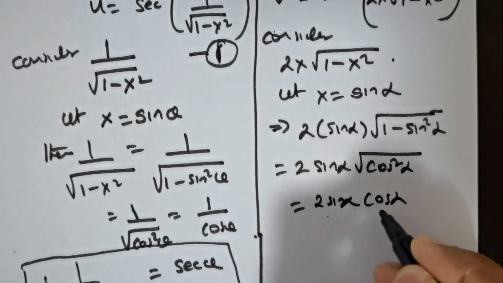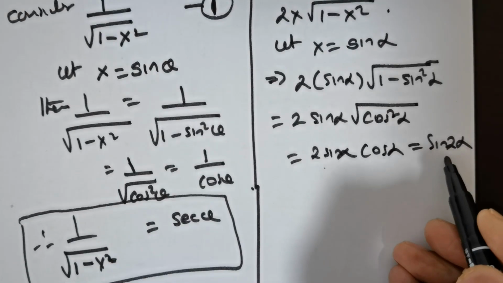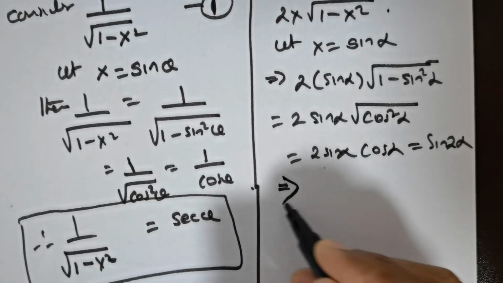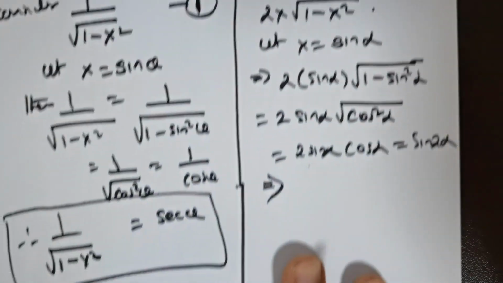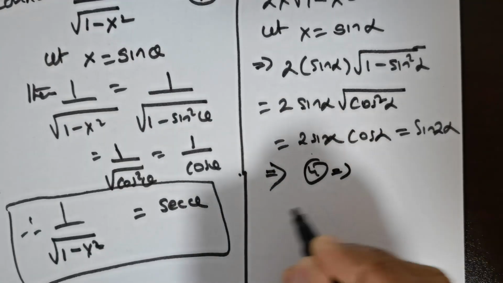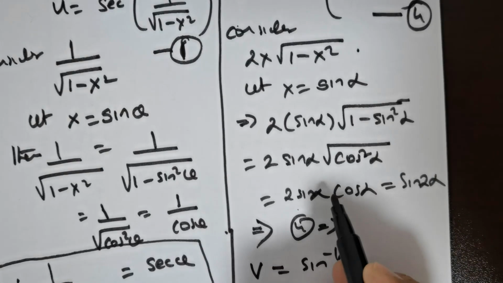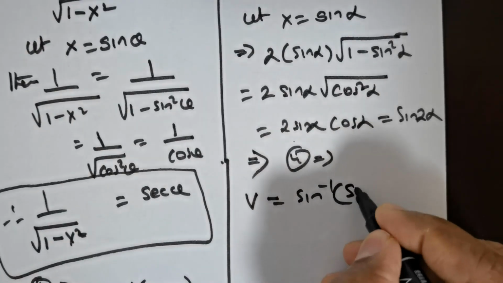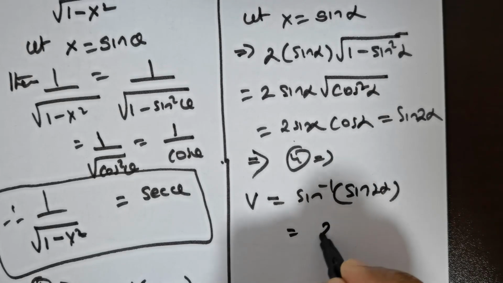This is 2 times sine alpha cos alpha, which is popularly given by the identity sine 2 alpha. If I take this as 4, then I can rewrite 4 as v is equal to sine inverse of sine 2 alpha. Sine inverse and sine get neutralized, giving me 2 alpha.